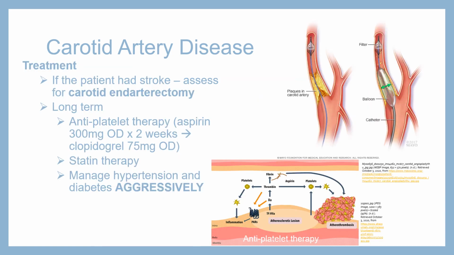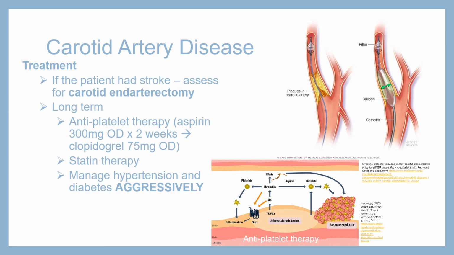For treatment, if the patient has had a stroke, it's a good idea to assess for carotid endarterectomy, which is a surgical procedure to remove the clot that's causing all the symptoms. And in the long term, there is a mainly pharmacological approach.